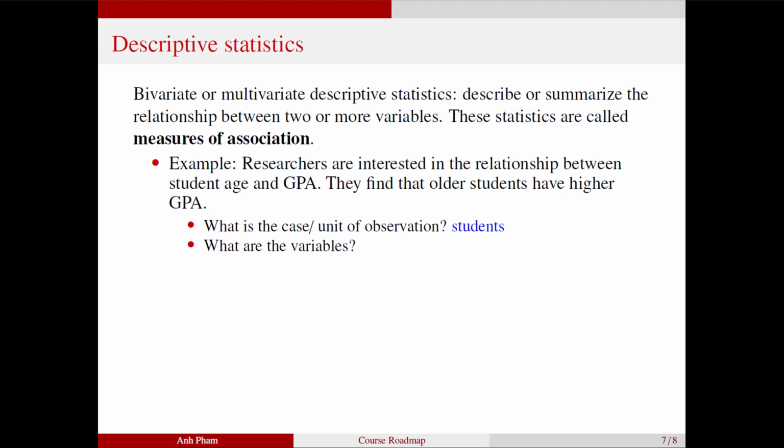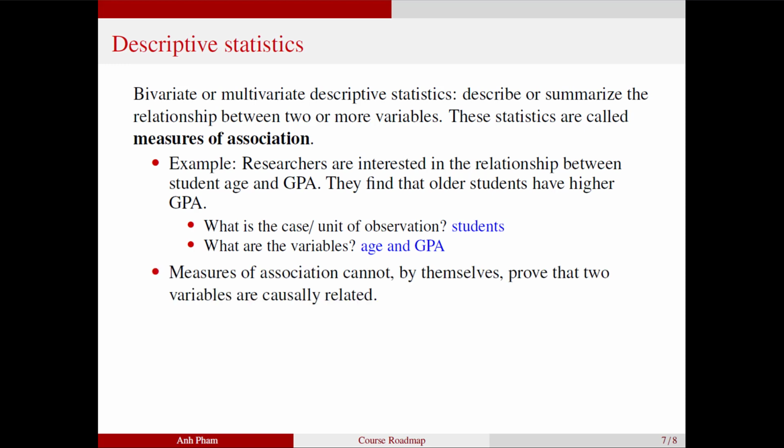And what are the variables? The variables are age and GPA. I want to make a quick note here that measures of association cannot, by themselves, prove that the two variables are causally related.